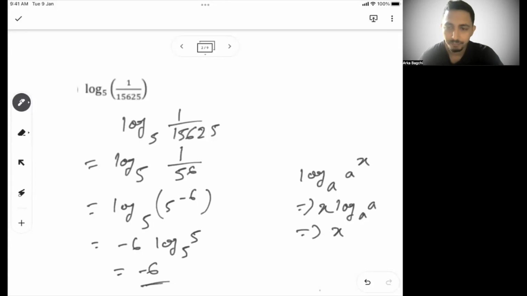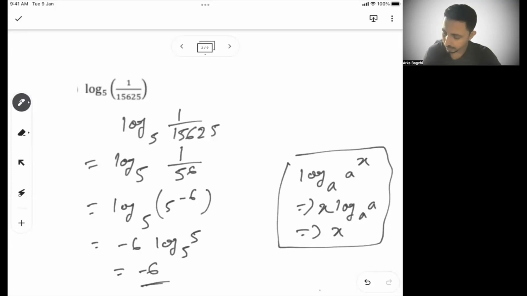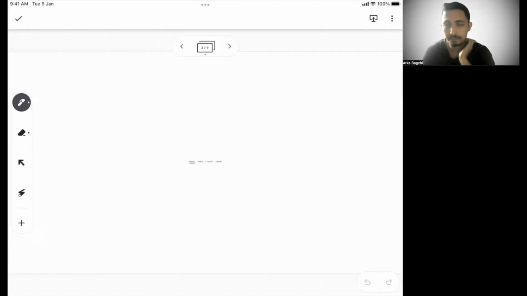So I hope this is clear. And again, these are formulas that we have covered in depth in the previous session. Take a note of those formulas, and you can easily understand from there. Okay, let's move on to the next problem.